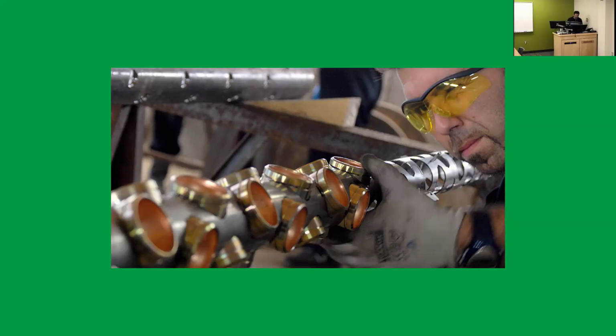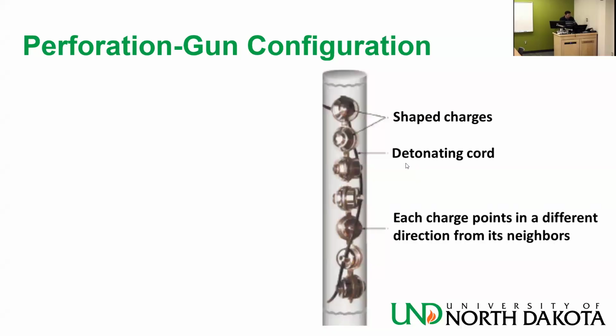This is how a perforating gun looks like. Look at the charges. They are all facing in different directions. They are basically at an angle to each other. Here we have shaped charges and detonating cord, which is what activates or triggers them.